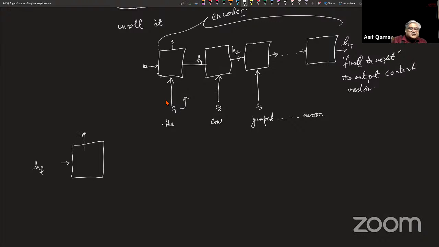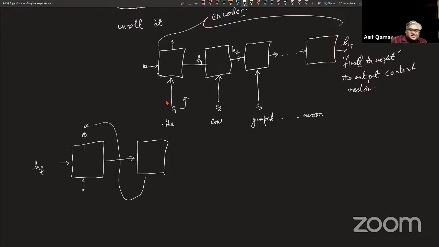emit the first word, let's say that we are doing translation. Since I don't know Spanish, I'll just use the word alpha. It will emit it out. It's just a trigger, and there is nothing going in at this moment. Then this output is fed back into the RNN along with the output state.